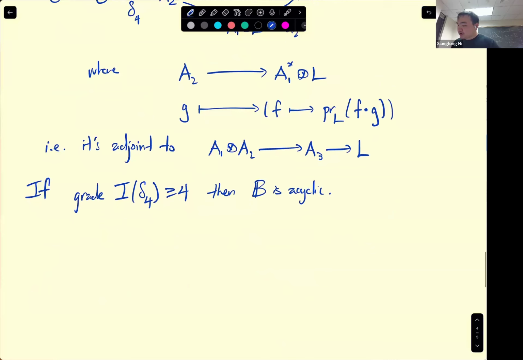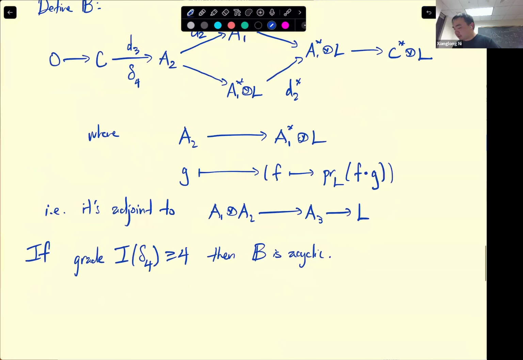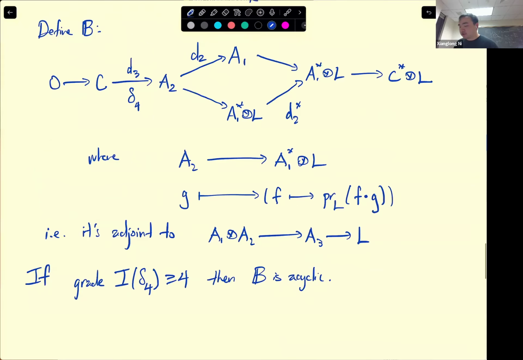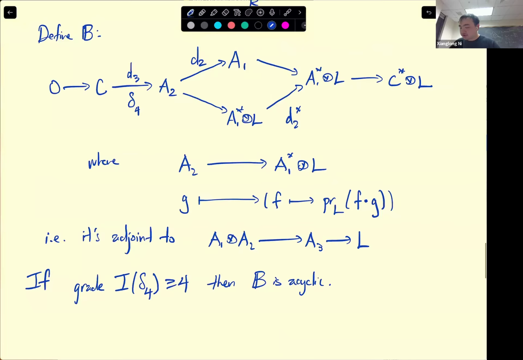By the way, if it happens that B is acyclic, then it follows that this ideal here has grade exactly 4, because the ideals of all the minors in this resolution must have grade 4.